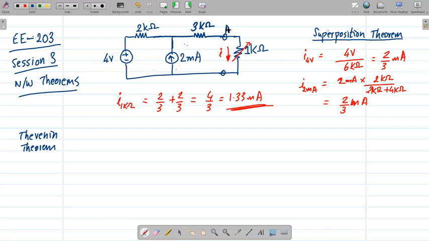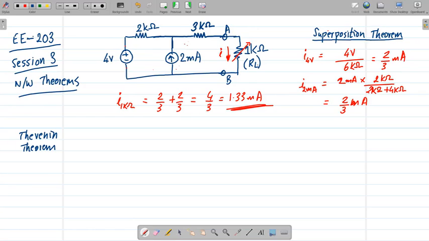Let me call them A and B. So the 1 kilo ohm is now representative of a variable resistance, some resistance, let's call it RL. So the load resistance is between terminals A and B, and I want to find out what is the Thevenin equivalent. So again, I use superposition.